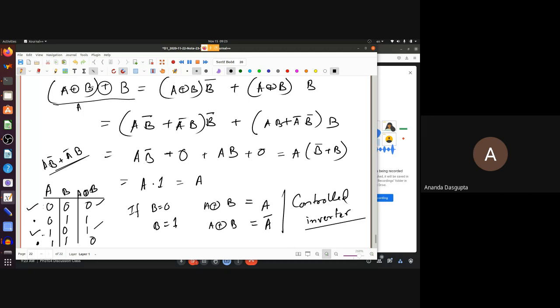So the controlled inverter view of A XOR B makes it very easy to figure out that you are either inverting twice if B is high, or not inverting at all if B is low. Either way, you're going to get back A. Okay? Now, this is a pretty straightforward and simple result, but we are spending quite a lot of time on this because quite a lot of important results actually hinge on this behavior of XOR.